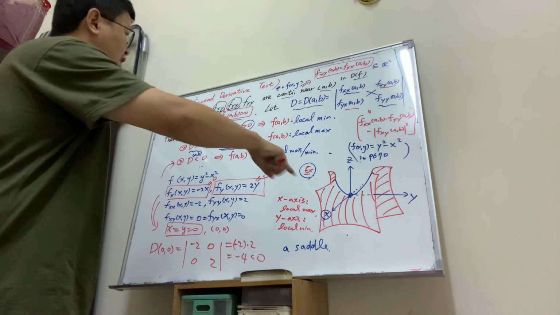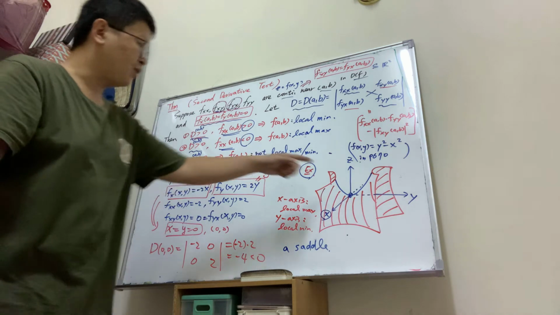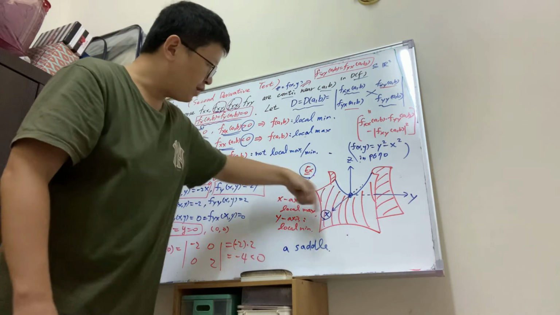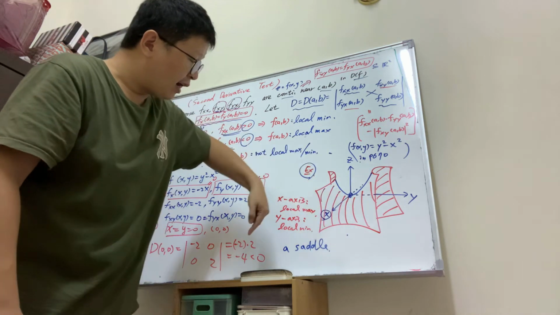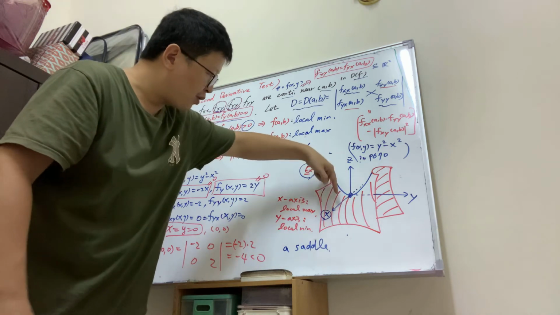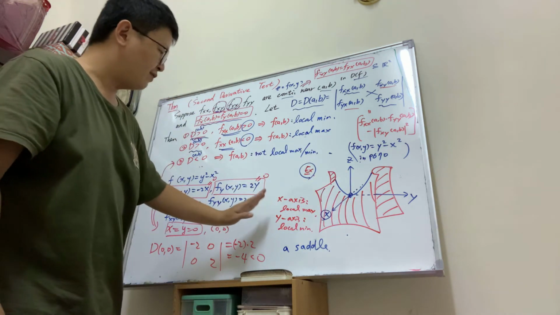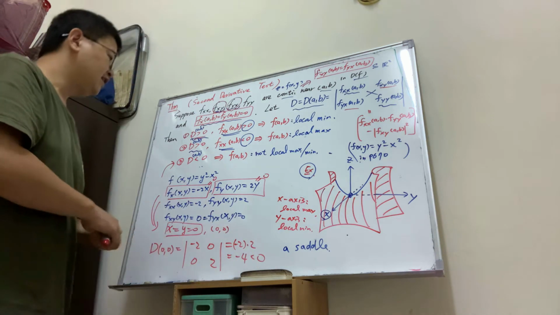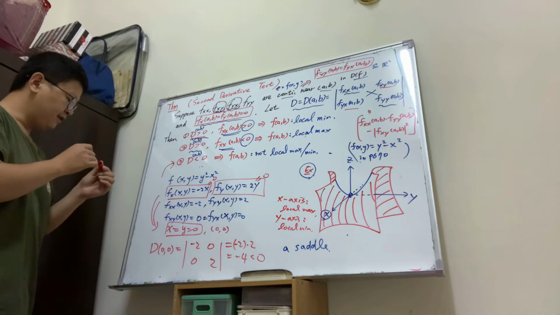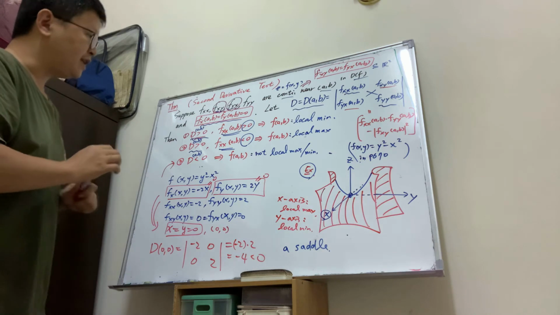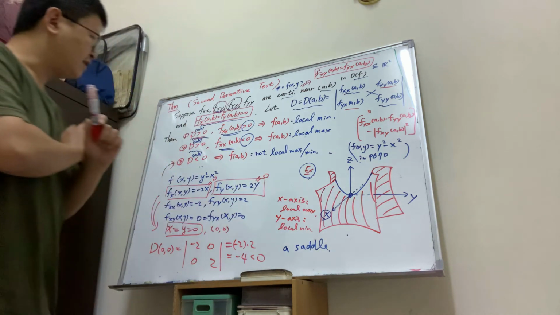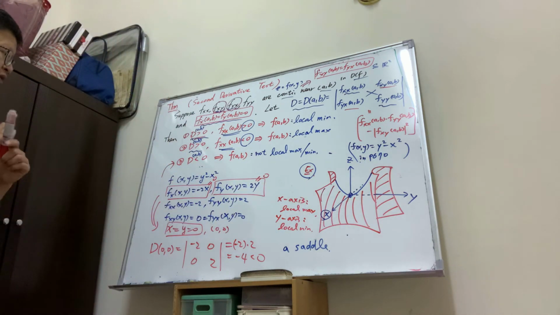So when we say local maximum at this point f(0, 0), you should consider every point near the point (0, 0). We could not have this case. So indeed, at this point (0, 0), it's not a local maximum and not a local minimum.